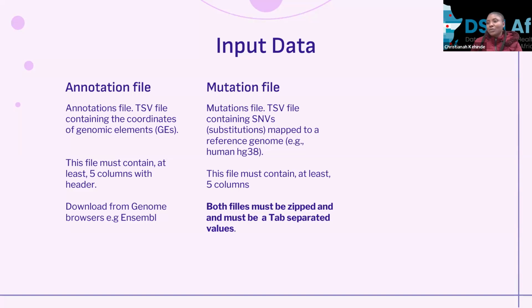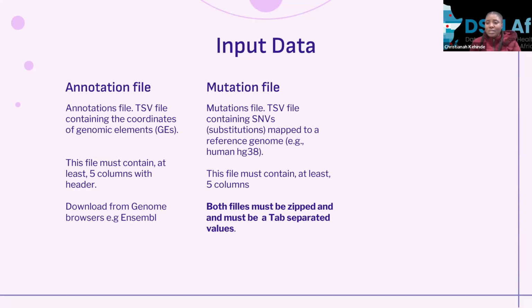Okay, so you don't have to download maybe HG37, it has to have the same reference genome. So for the mutation file, you could download it from cancer databases such as Xena. Yeah, so depending on the type of cancer you're working with, but most of those cancer types have the mutation file attached to it.